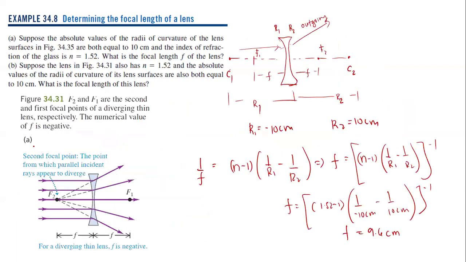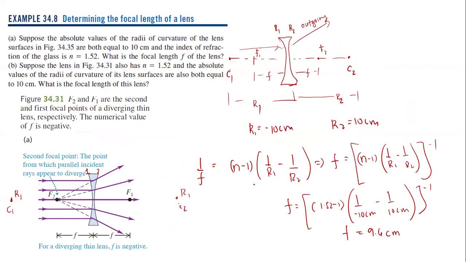For the convex mirror, like this, the first surface has a radius R1, this is C1, and the second is R2 or C2.